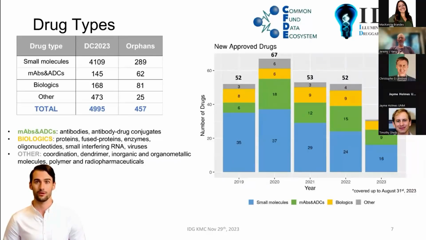The same trend is followed by the orphan drugs, representing roughly 9% of the drugs in DC. Regarding the number of newly approved drugs, 2023 has been monitored up to August. For the previous years, a steady trend in 2019, 2021, and 2023 can be observed, with a slightly larger number of drugs indexed in 2020.